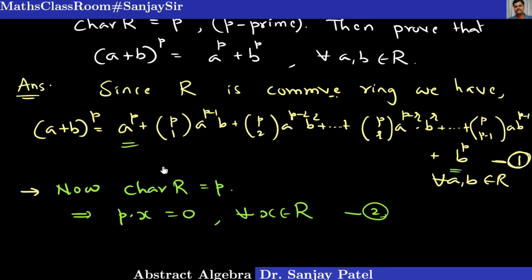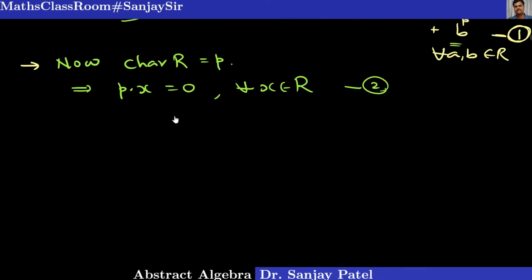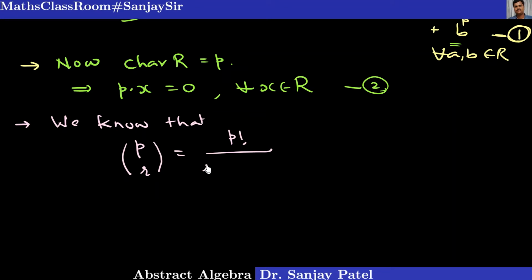So let me just write in detail. We know the formula for nCr: pCr is equal to p factorial upon r factorial into (p minus r) factorial.